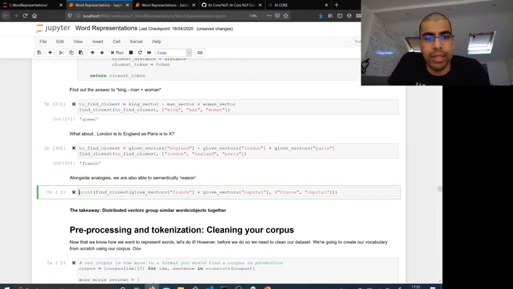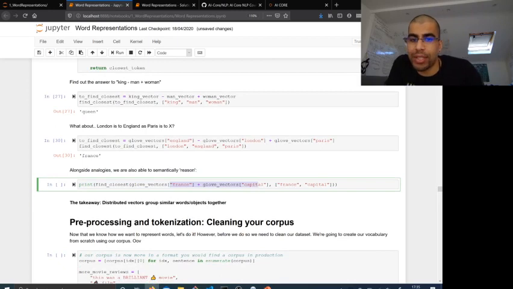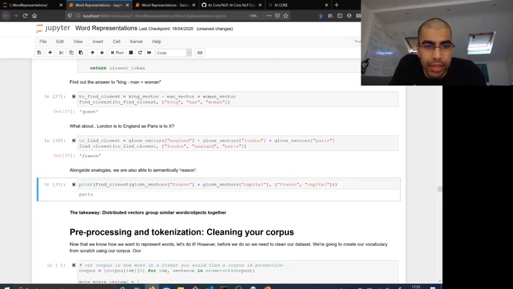And what I mean by this is we can say, okay, well, France plus capital is what? Well, obviously we know it's Paris, but adding this term of capital to France pushes the meaning of what we want to find, you can kind of understand how having this entity and this concept and adding the two together is viable with word vectors.